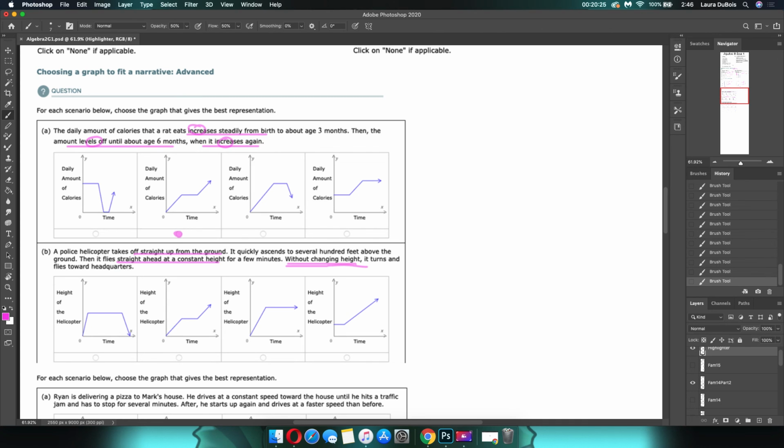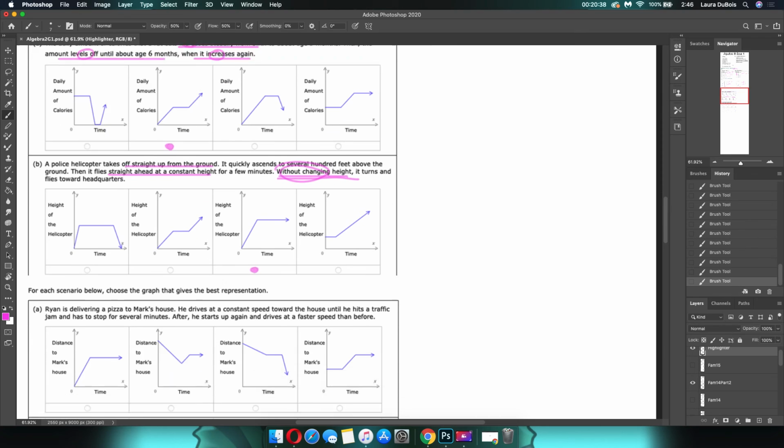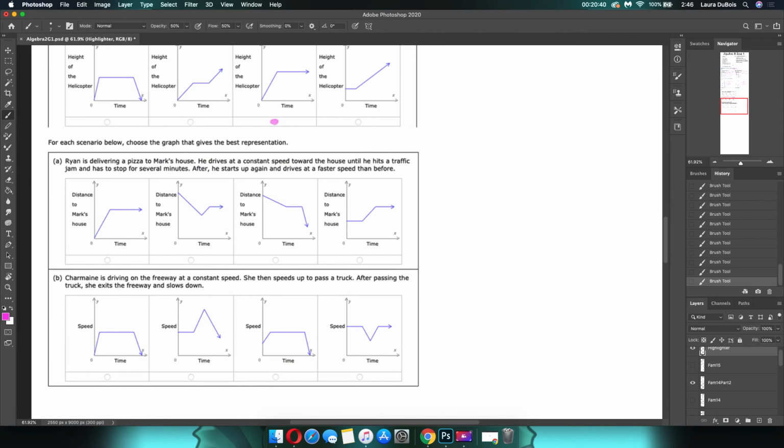It's raising and then it's flat. So therefore it's going to be this one. So if there's one of 2 places where people go nuts, this is one of them. If they give you something like without changing height and they don't actually advertise that. Here is another one. That more often than not is where kids start to go a little screwy with this.